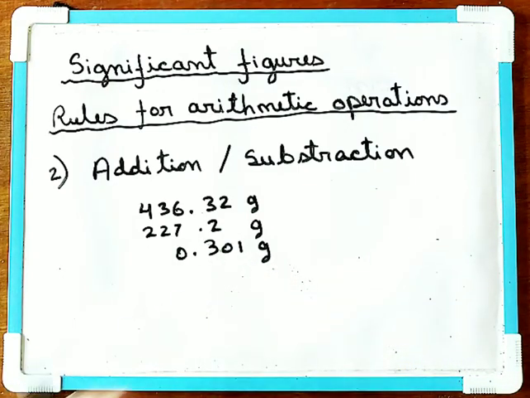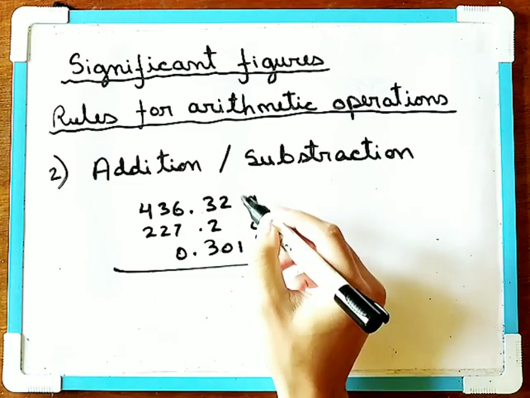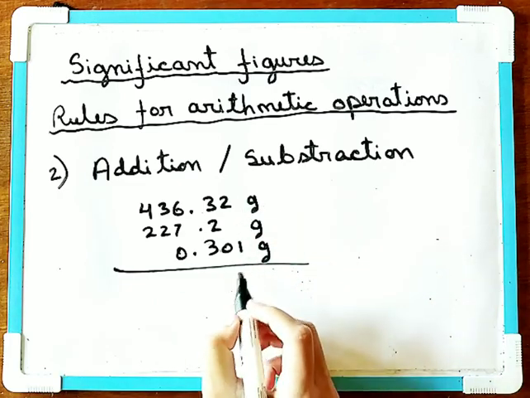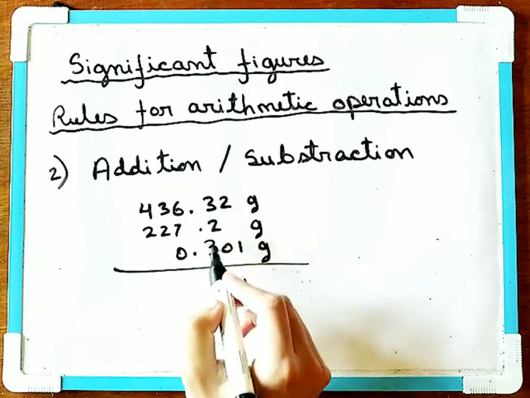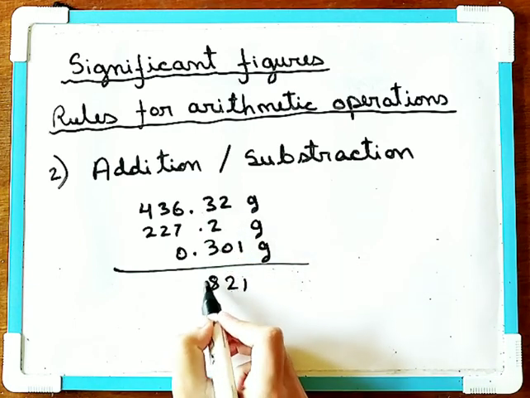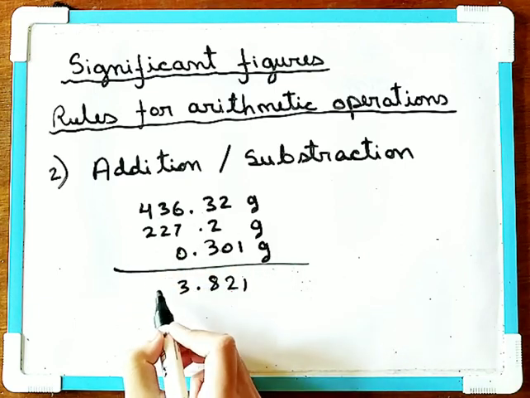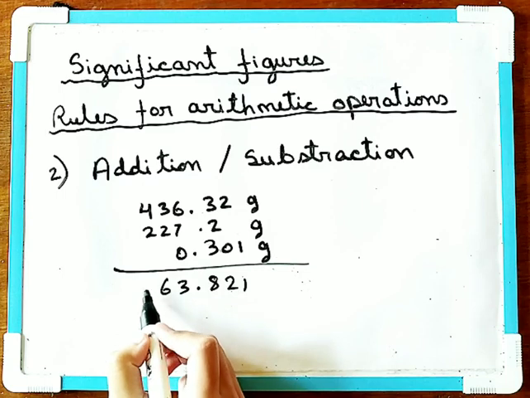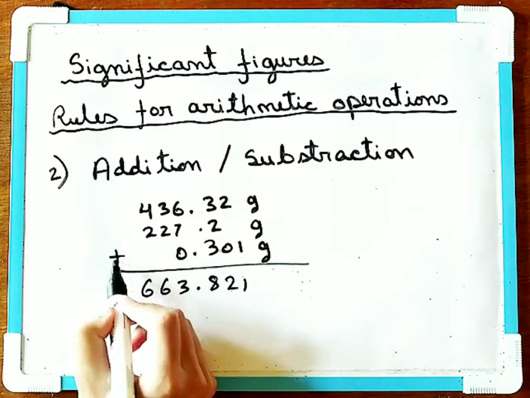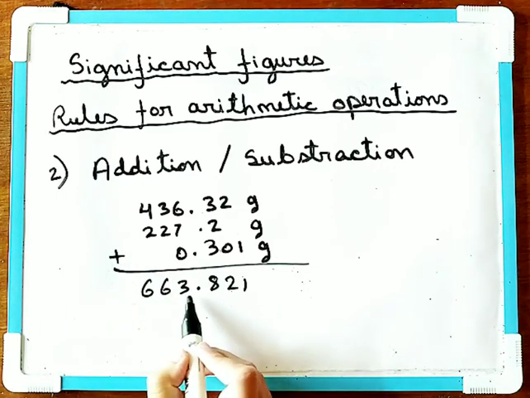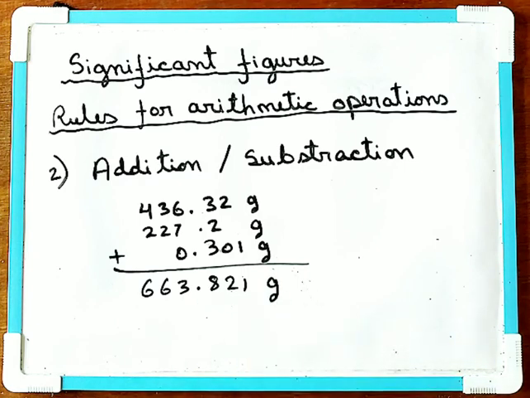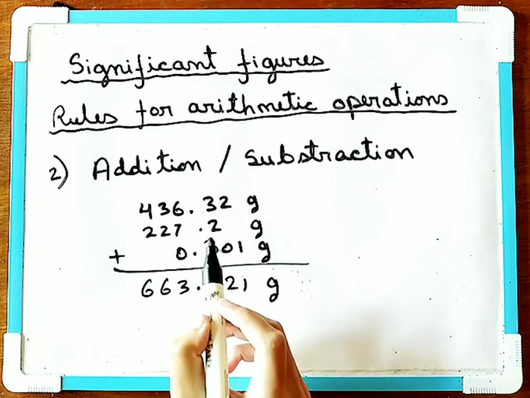Upon adding, what we'll get is 1, then 2, then 2 and 3 gives 8, then 3, then 6, and 4 plus 2 is 6. So upon addition, we'll get this number here, 663.821 grams.